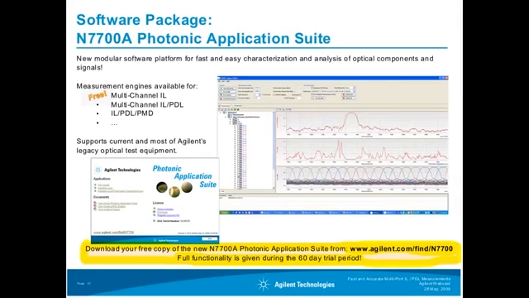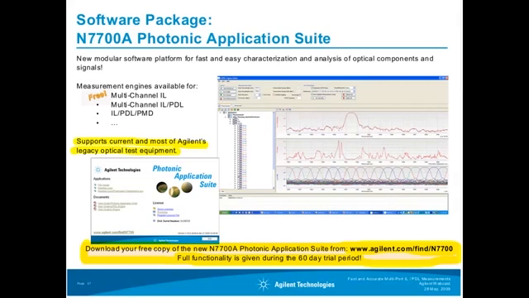What is really interesting about this software is that it supports, of course, current, but also most of Agilent's legacy optical test equipment. So if you have some not so new anymore power meters in your lab, you can just download the software and use that for doing these measurements.